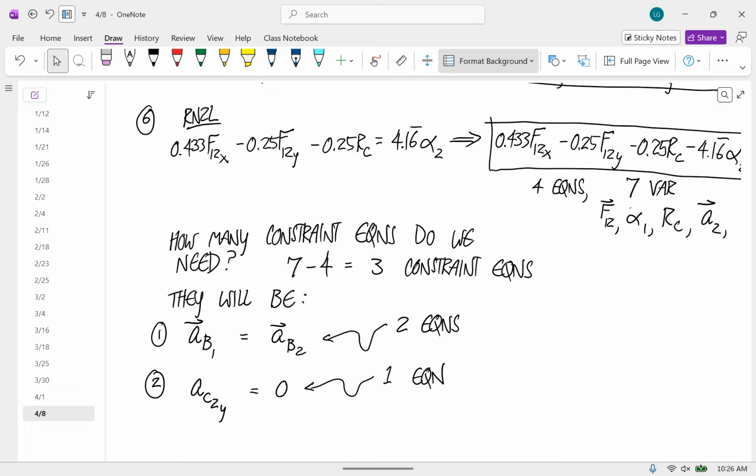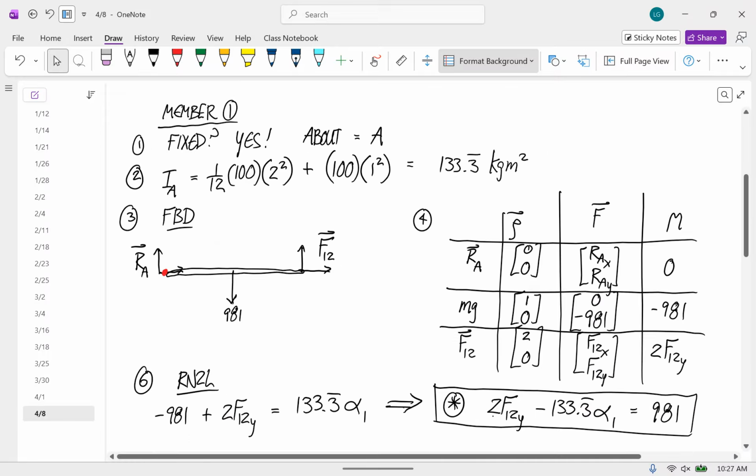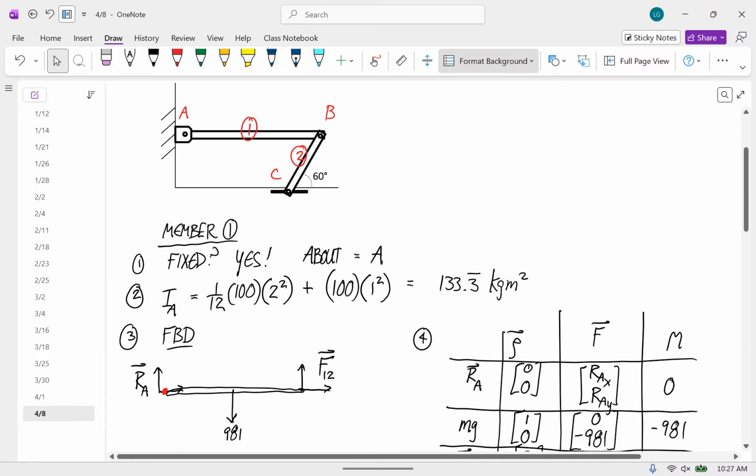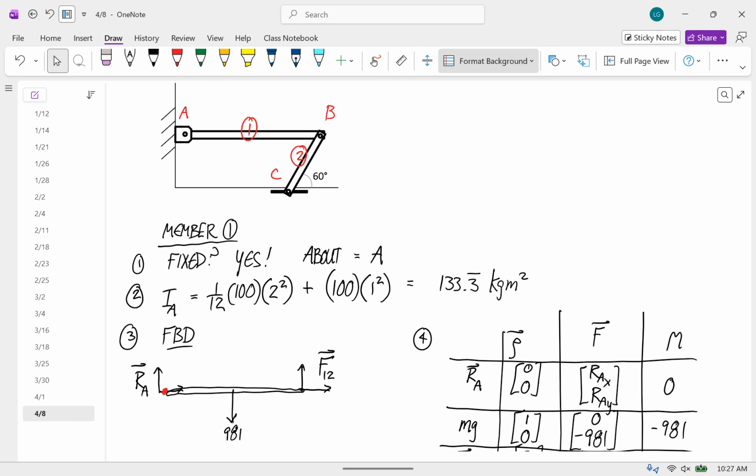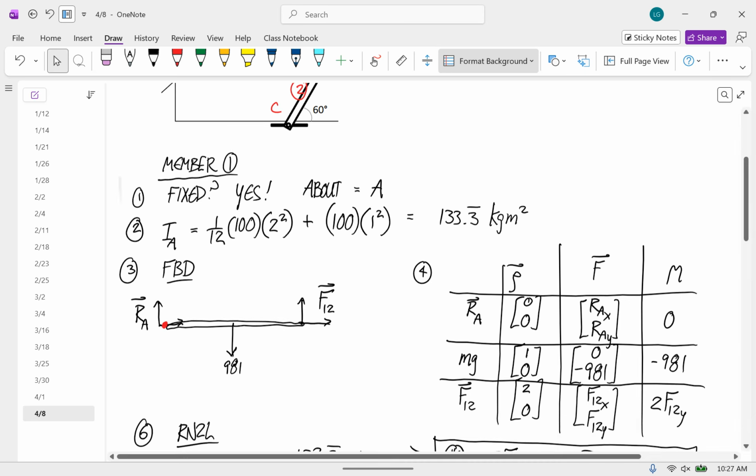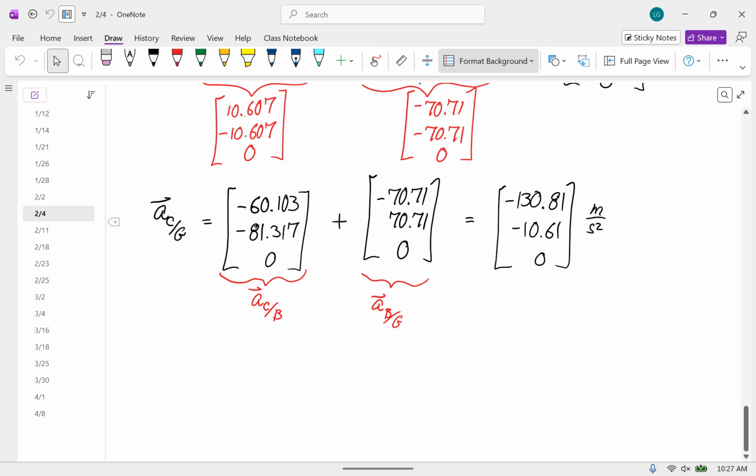Yes. We can only get those constraint equations from pin joints. Is that the only place we can? Well, you can also get them at, so this second type could be a roller or a pin in a slot joint. And I think that's the only kind of things that we deal with. You also could have pin and slot joints connecting bodies.